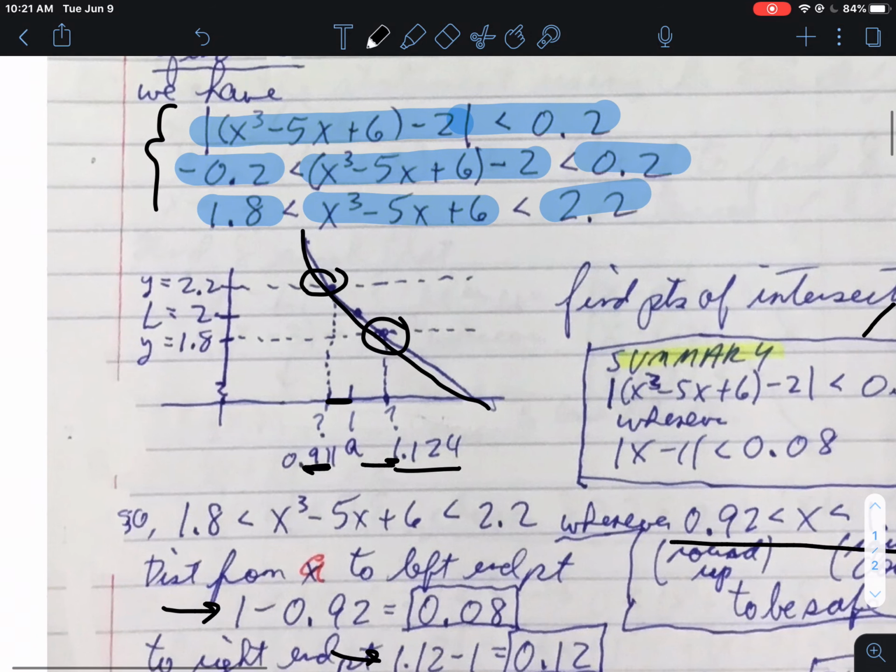Then that would guarantee me that I am within a distance of 0.2 of our limit. And it guarantees me that I would be somewhere at this location on my graph.